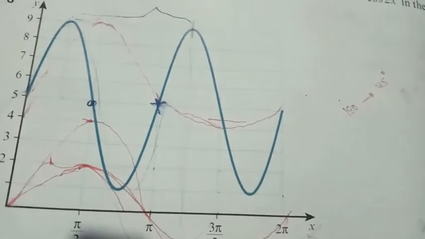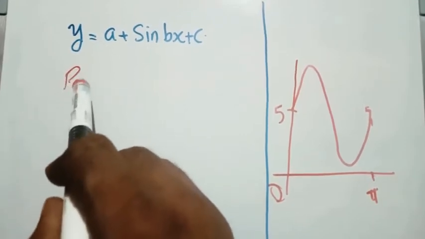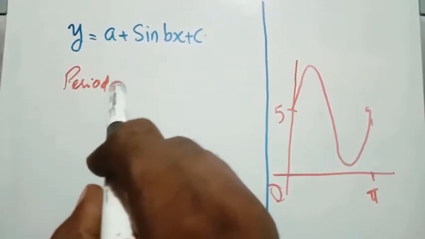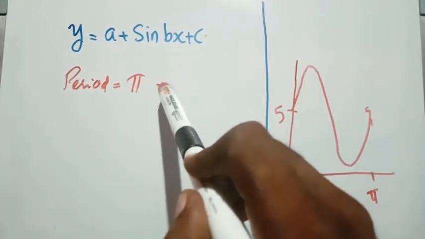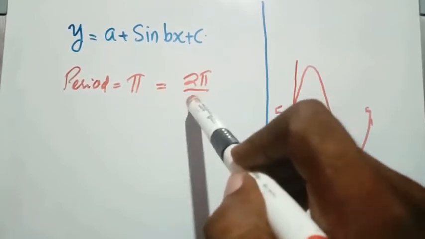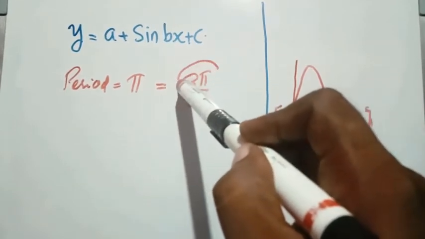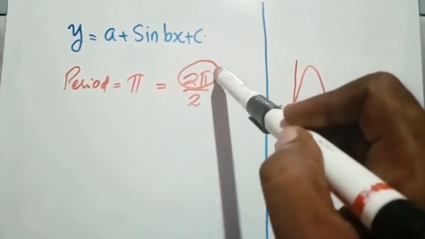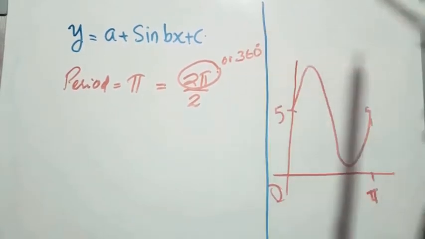What do you mean by that? The period of this present graph is pi, which is half of 2 pi, because you know the period of a sine function is 2 pi or 360 degrees.